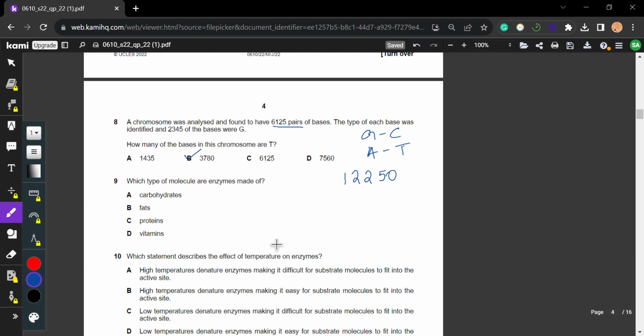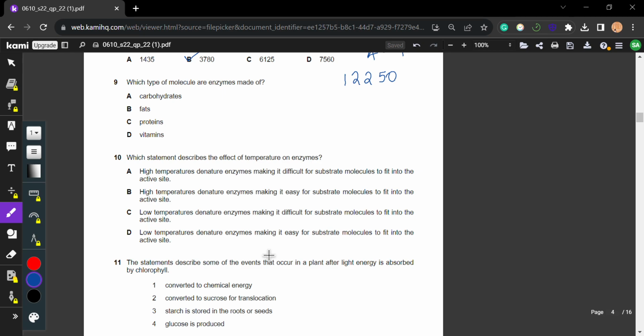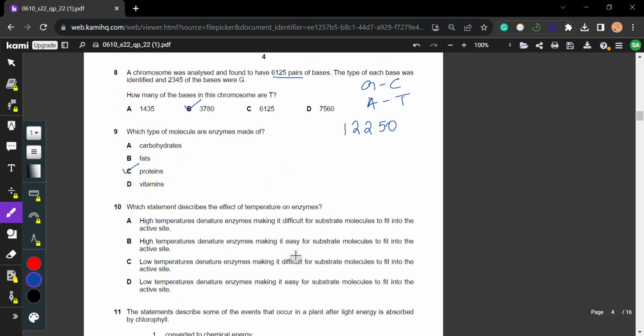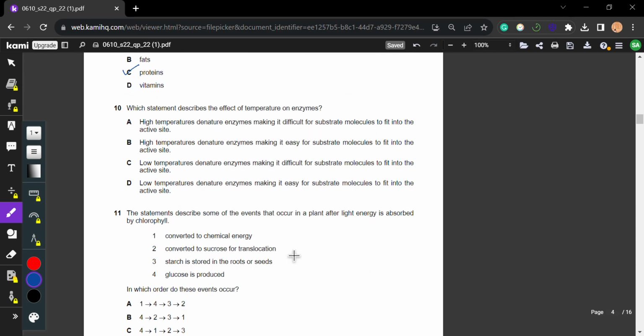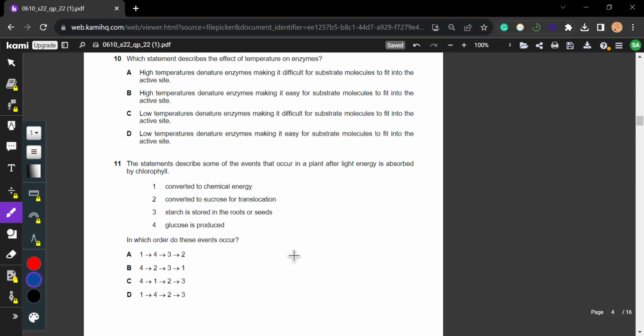Question number 9, which type of molecule are enzymes made of? Now this is a fact that you should know. It's made up of proteins. Which statement describes the effect of temperature in enzymes? Okay. High temperatures denature enzymes, making it difficult for substrate molecules to fit into the active site.